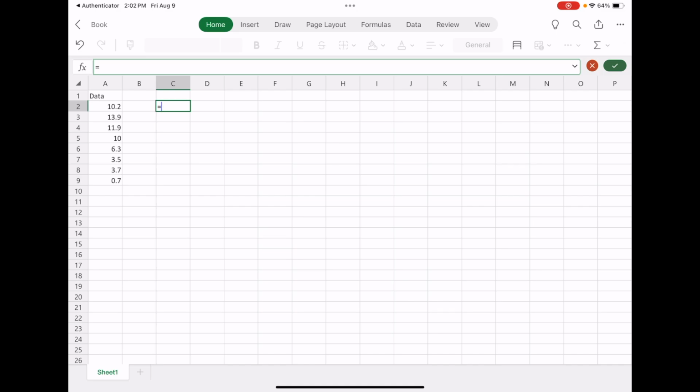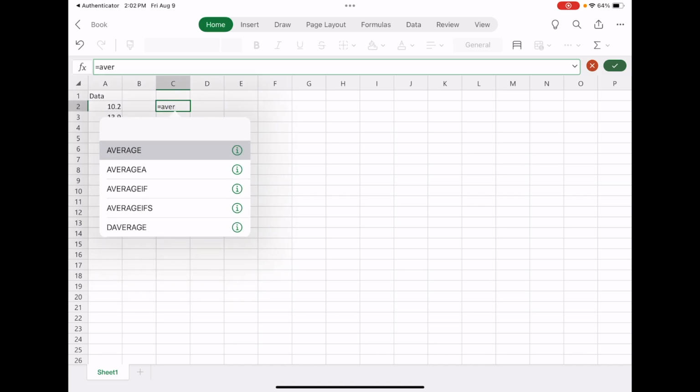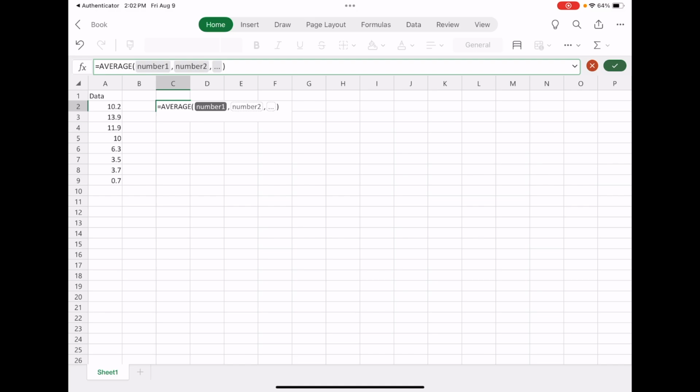I'm going to type in, for the mean, average, and there's this pop-down menu with a bunch of choices. So there's average. I don't even need to finish typing. I'll go ahead and click on average. And now it wants the numbers that I want to average. And what I can do there is select a range and put that in. So while the number 1 argument is selected, I'm going to go ahead and push A2, which is the first cell my data is in.